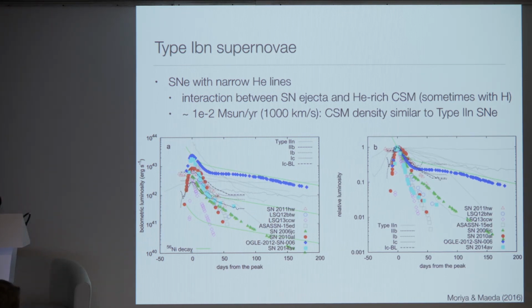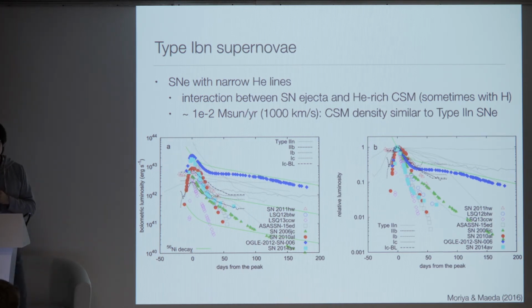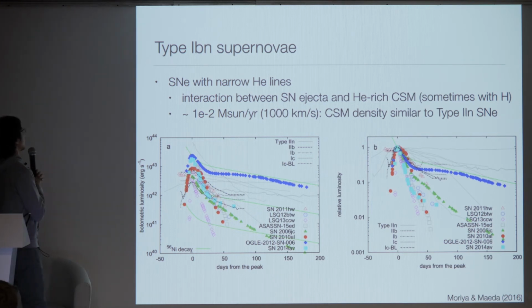And the answer is yes, and we now start to see some narrow helium emission in some cases in type 1b supernovae, and we now have a class called type 1bn supernovae.